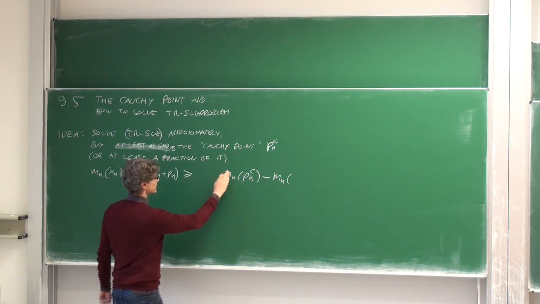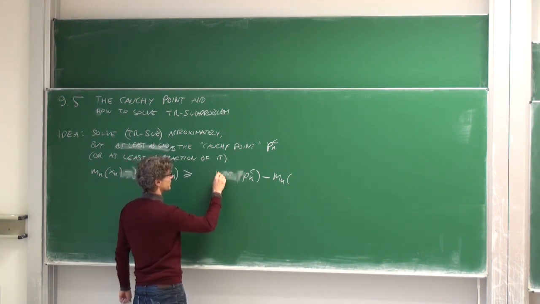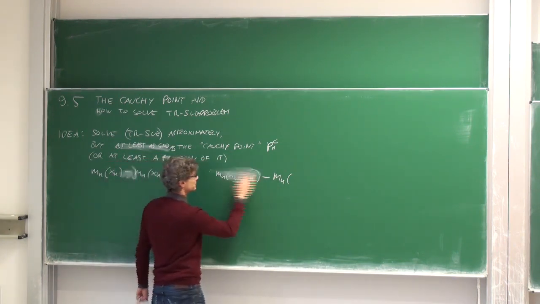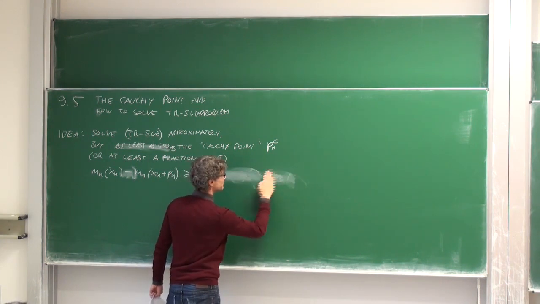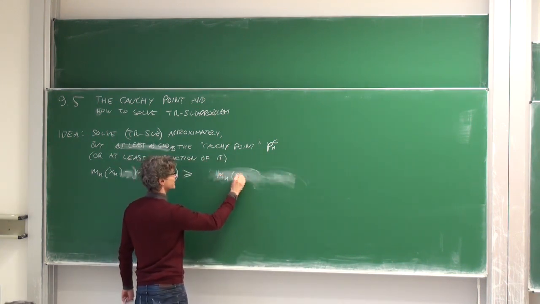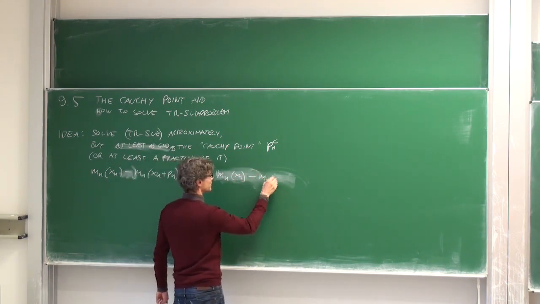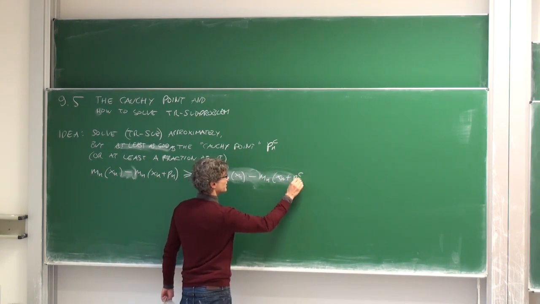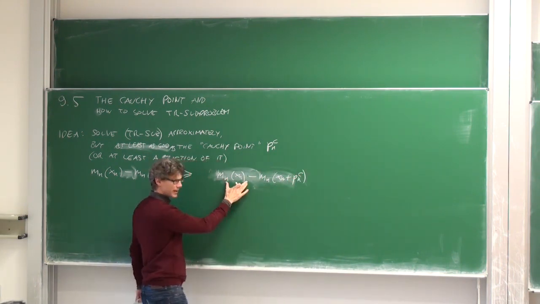Oh, this is because I fell into the pitfall of my own notation. So this will be x_k plus p_k. Completely sorry for this. Here we have m_k of x_k, the starting point. The Cauchy Point will be an improvement of it, so this is expected to be smaller than this.